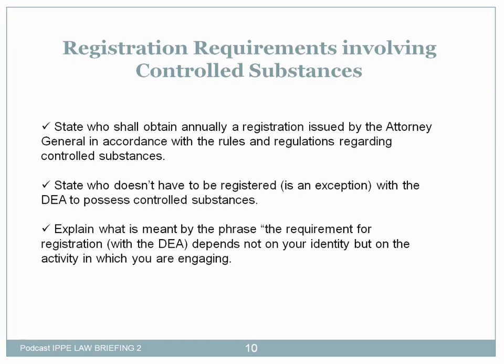It says every person who manufactures or distributes any controlled substance or List 1 chemical, and you really don't have to worry about what a List 1 chemical is, or who proposes to engage in the manufacture or distribution of any controlled substance or List 1 chemical, shall obtain annually a registration issued by the Attorney General in accordance with the rules and regulations promulgated by him or her.